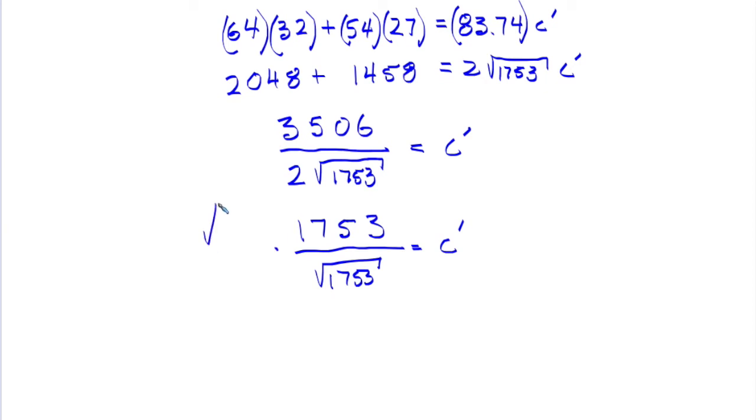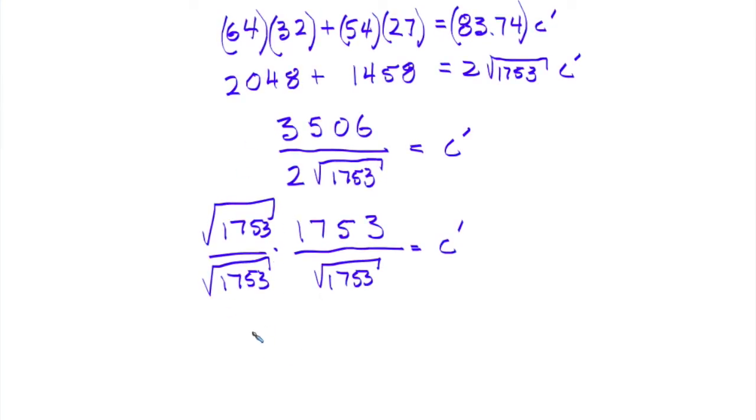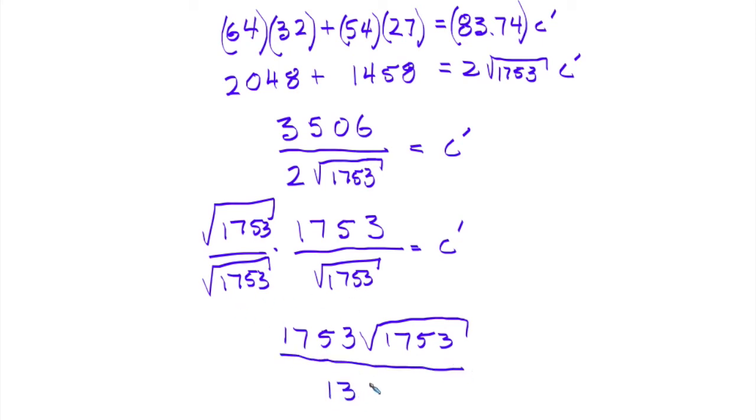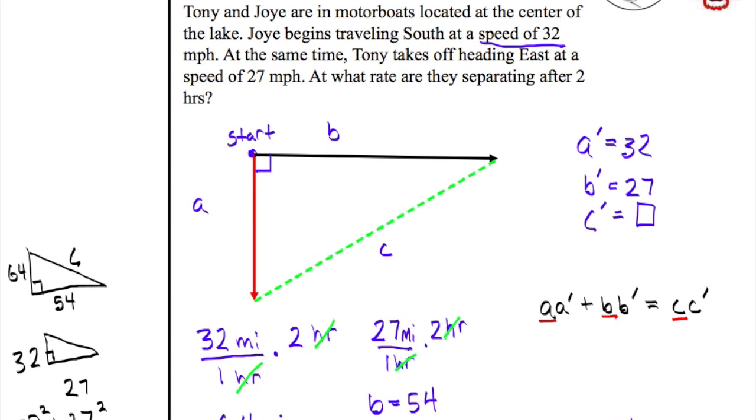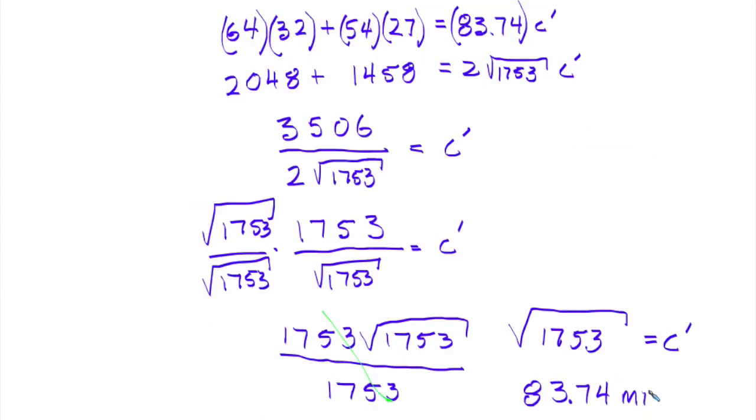So if I multiply by the square root of 1753 over the square root of 1753, then on the top this becomes 1753 times the square root of 1753, all divided by 1753. The square roots will cancel out, and you are left with your final answer: the square root of 1753 is equal to your C prime, and we approximated that earlier as 83.74, and our units again were miles per hour.